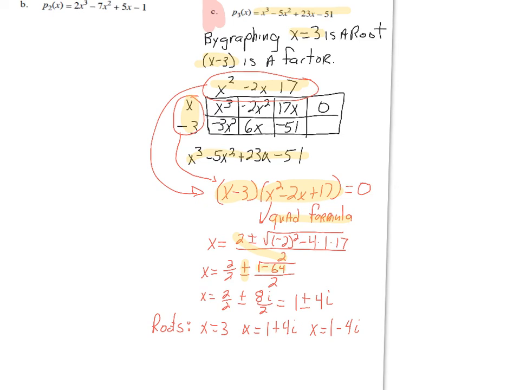Well, the square root of a negative 64 is 8i. So now I have 2 over 2 plus or minus 8i over 2, which simplifies into 1 plus or minus 4i. So my roots, x equals 3, x equals 1 plus 4i, and x equals 1 minus 4i.